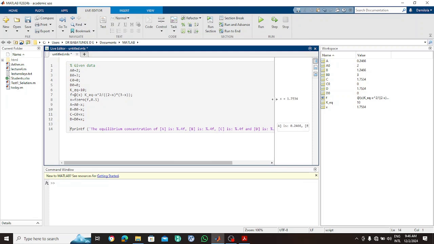So the first part of it, let me explain what it does again. You see that it's in quotation, so that means I'm talking about a string. So I want something typed, which is a string. What I want to see is the equilibrium concentration of A is a particular value.